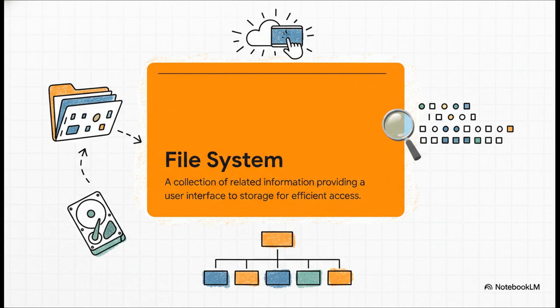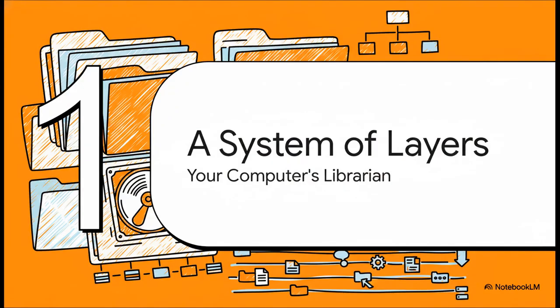Think of it as the master organizer, this digital librarian working 24/7 inside your machine. Its whole job is to manage every single piece of data, acting as this super convenient and efficient bridge between what you want to do and the physical hardware that does it. Now, to really get how this librarian works, we need to look at its org chart. See, the file system isn't just one big thing.